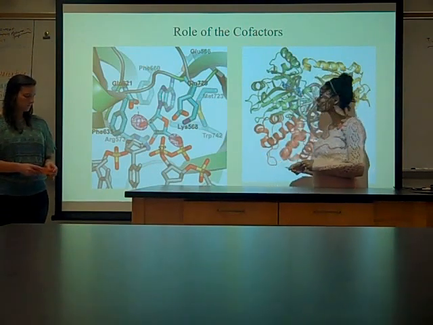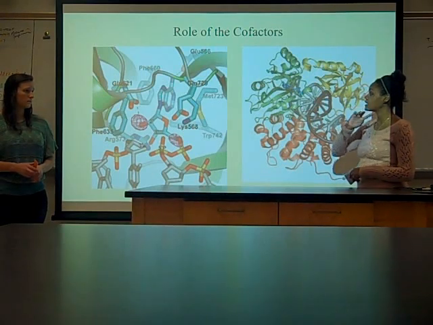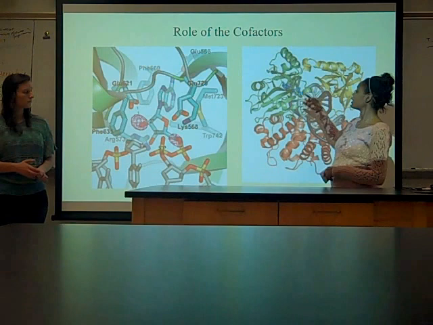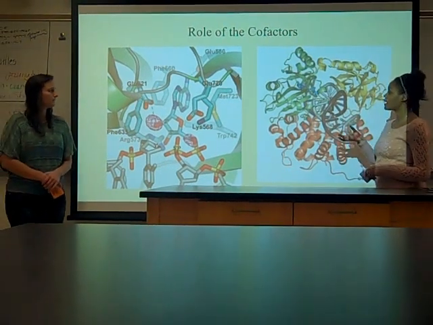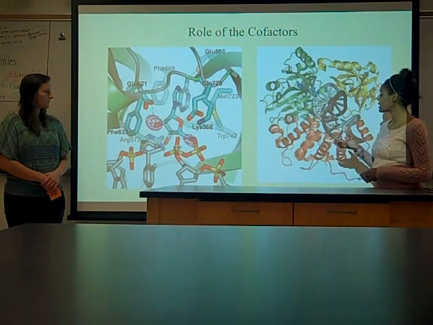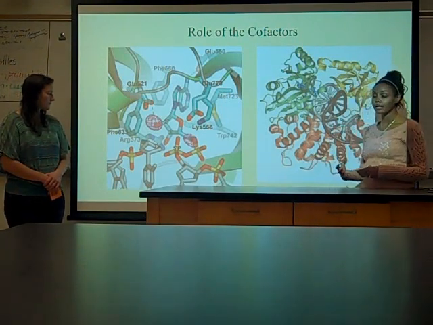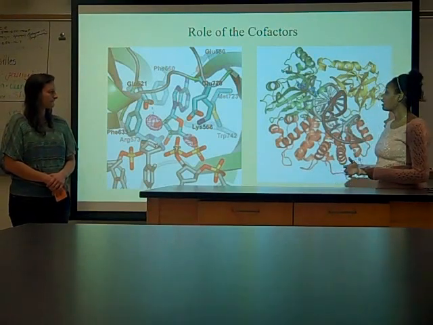phosphodiester bond. Now the co-substrate of DNA ligase I is ATP, and it's shown as the little blue part here in this diagram. ATP's job as a co-substrate for DNA ligase I is to give the catalytic ability of this enzyme to make that phosphodiester bond.